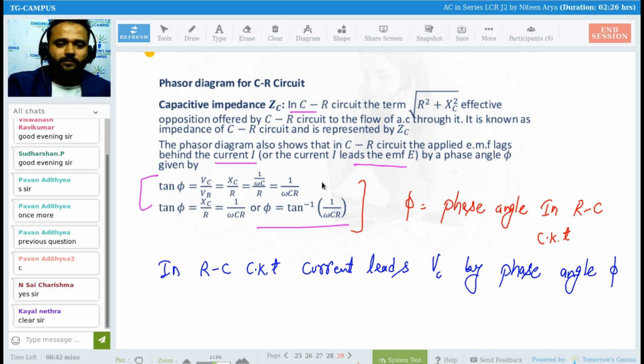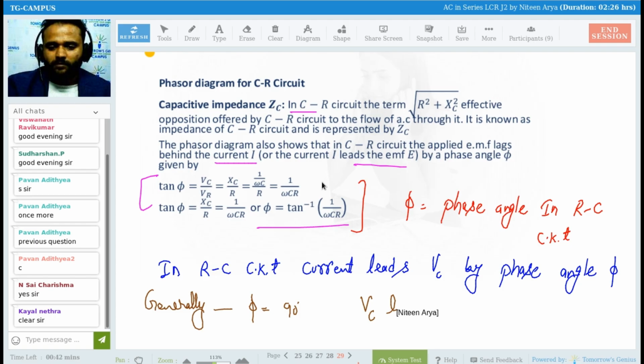Generally it is 90 degrees. What is the meaning of saying that?